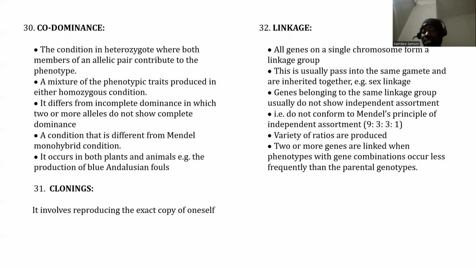Linkage is actually tackling the second law, Mendel's second law. That's why I said when we get down, we'll talk more about it. So you'll be able to see Mendel's first law, how it is applicable with one character, then the second character, the hybrid inheritance, and how you get your 9331.